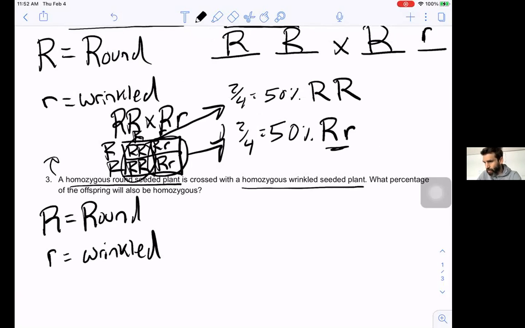And so what percentage of the offspring will be homozygous? So we cross a homozygous round seed plant, so that's 2 R's, crossed with a homozygous wrinkled seed.